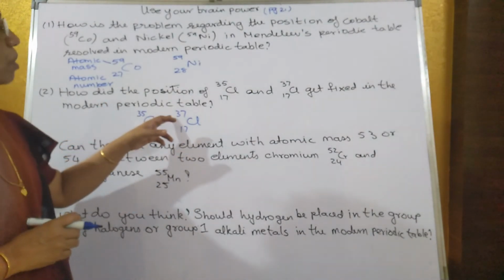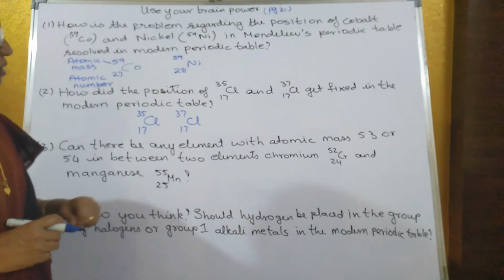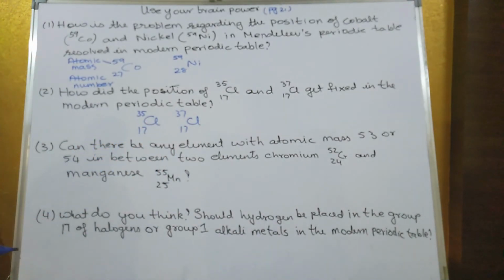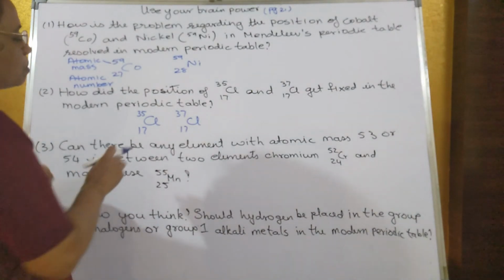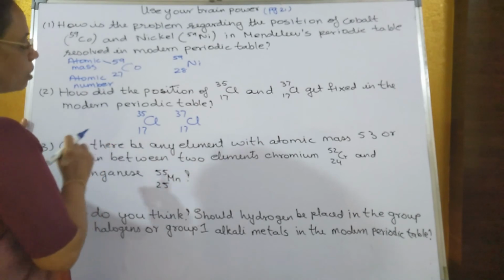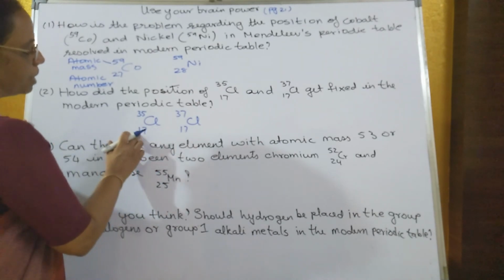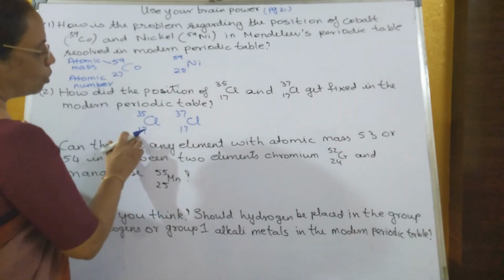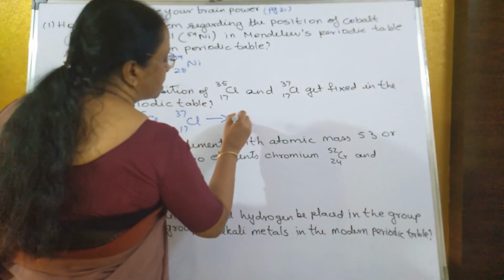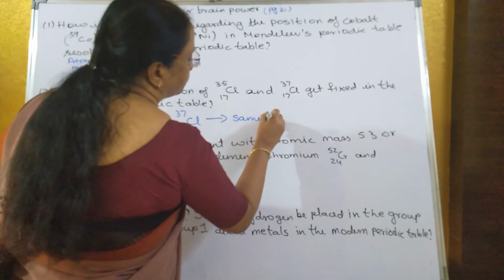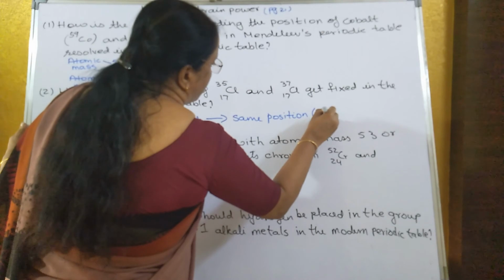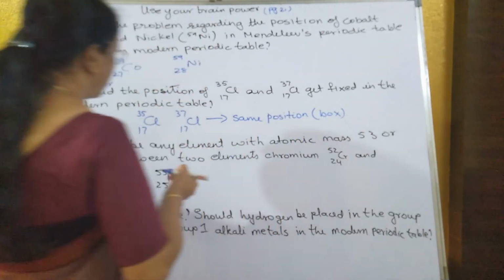Why different boxes? Because the atomic mass was different. And why in the same box? Because the properties of the isotopes of chlorine were the same. So this problem was solved in the modern periodic table, because when you arrange the elements according to their atomic number, it is found that both the isotopes of chlorine have the same atomic number. Hence they are placed in the same position, that is in the same box, because they have the same atomic number.